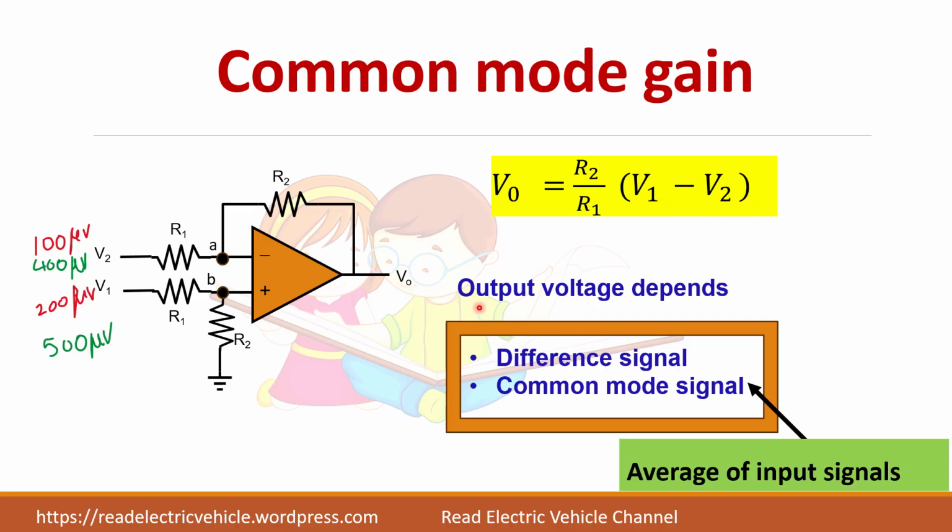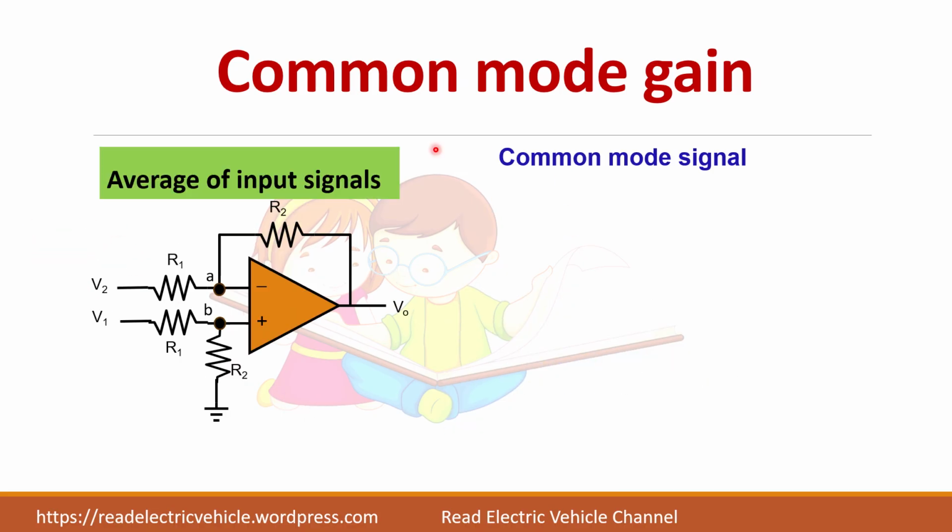So the output voltage of the op amp not only depends upon this difference signal of 100 microvolt, but it also depends on the average of the input signals. So the common mode signal is given by VCM. This is the common mode voltage, which is equal to the average of the two input signals. So here V1 plus V2 divided by 2 is the common mode signal.